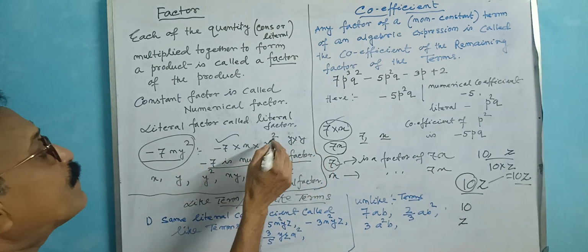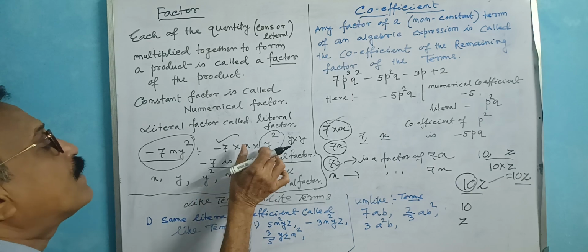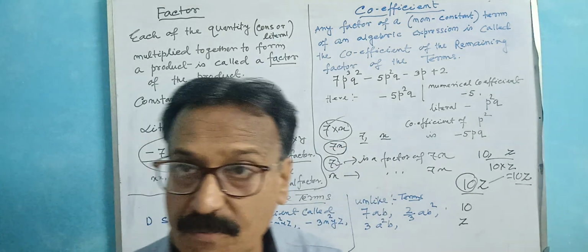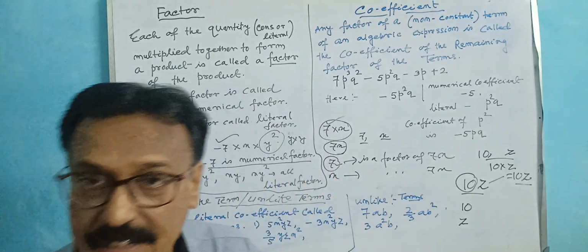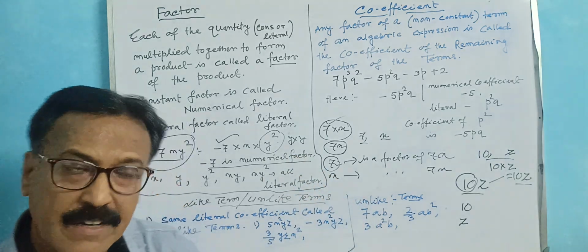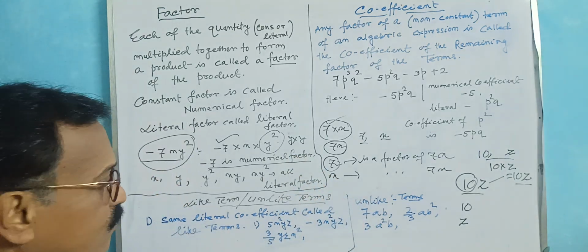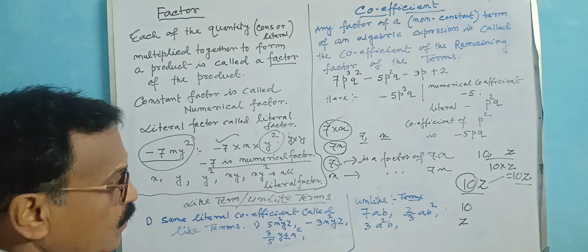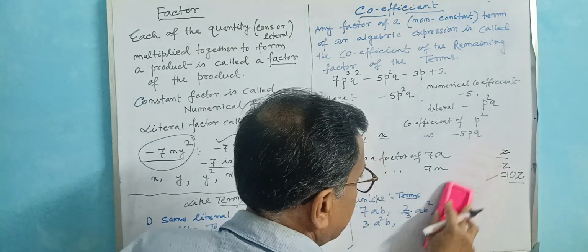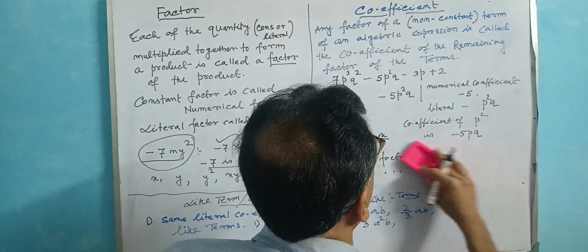So y separately, y square separately, or xy square separately, all are literal factors. This is a very important thing: which one is the literal factor, which one is the constant factor. Clear?